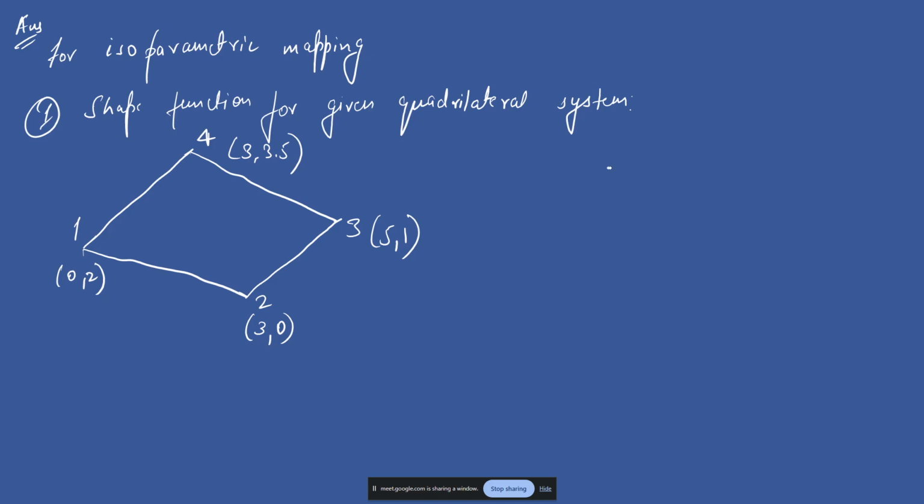Okay, so the isoparametric system in front of you is this.